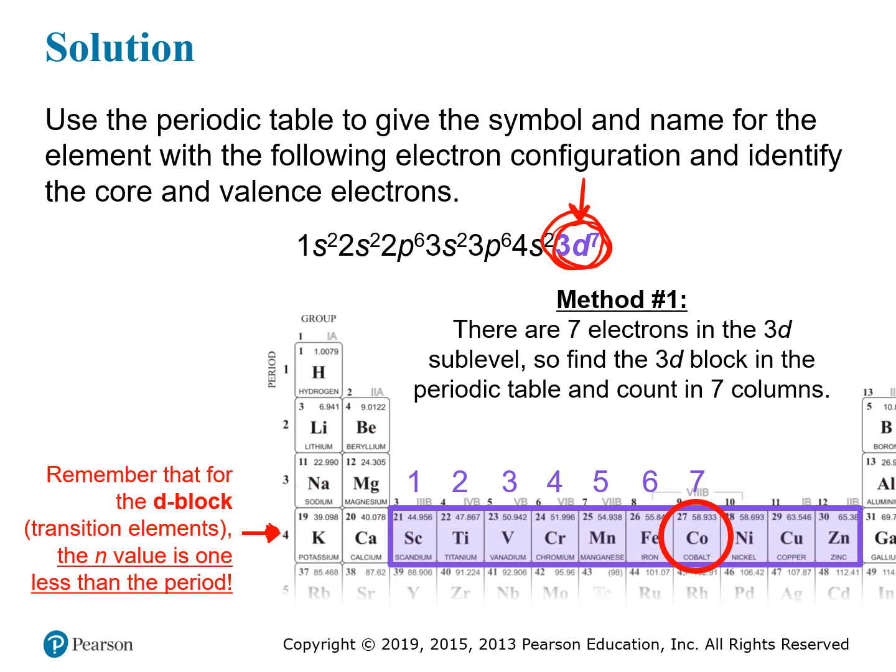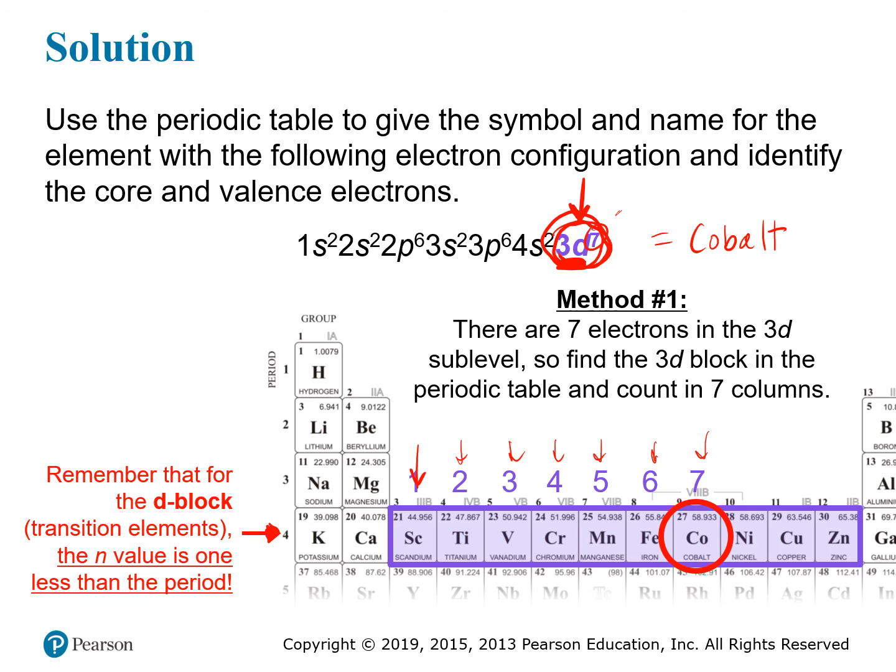So the period 4 transition elements correspond to the 3d sublevel. And we can see that there's 7 electrons in the 3d sublevel. So we count in, starting at the first electron in the d block, which is this, 1, 2, 3, 4, 5, 6, 7. And the 7th column in is cobalt. So this must be cobalt.